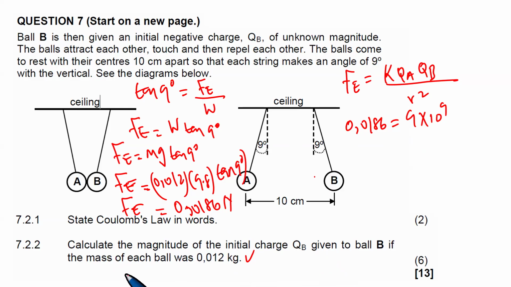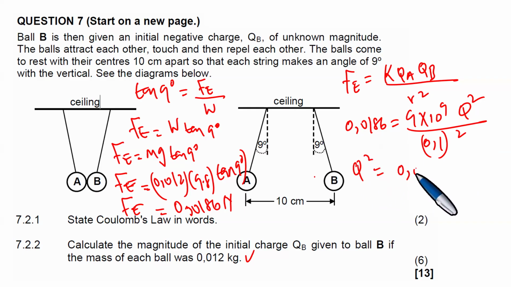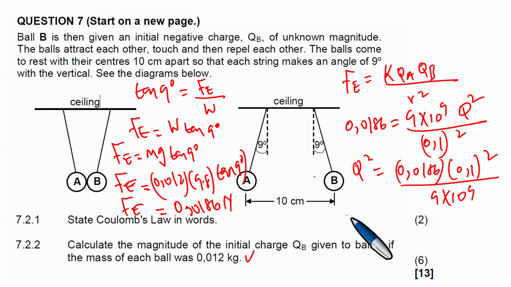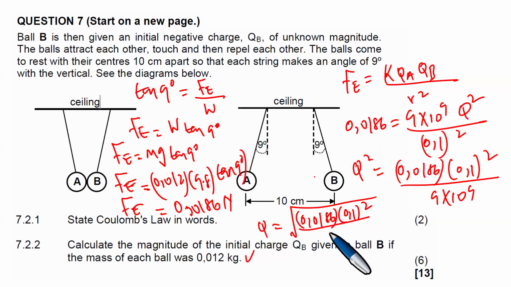That's 0.1 squared divided by 9 times 10 to the 9th power, times 0.0186.